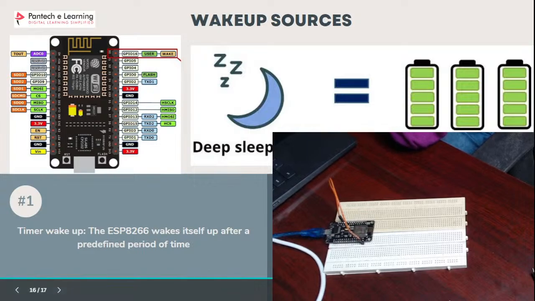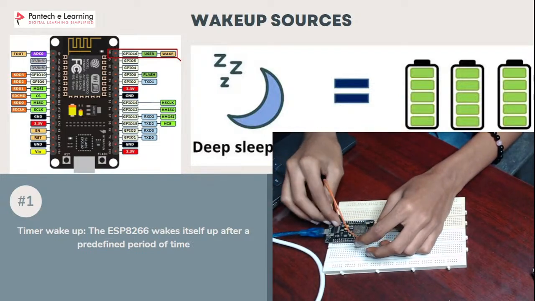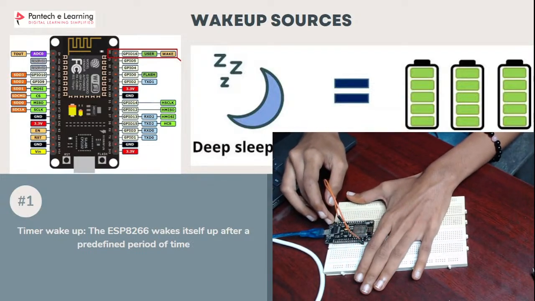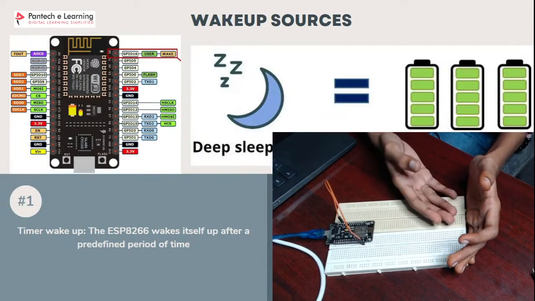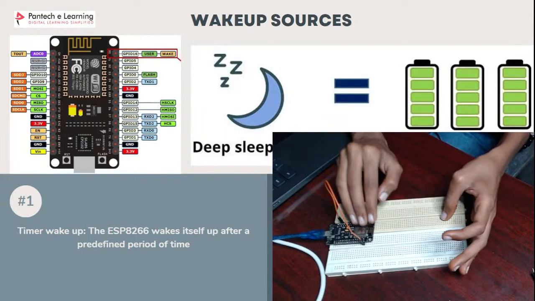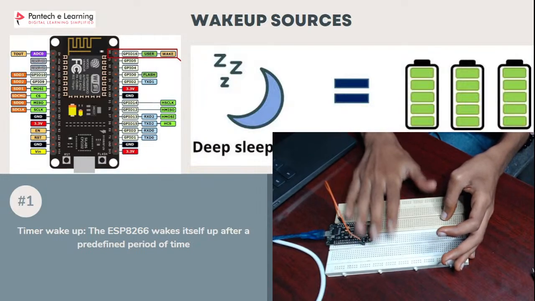Means what? Whatever you are using as the source to wake it up, it is what? External. We just used the internal thing. One is the reset button and another one is D0. External means you can use a button or a reed switch. Using that you can wake up your ESP8266 in deep sleep mode.